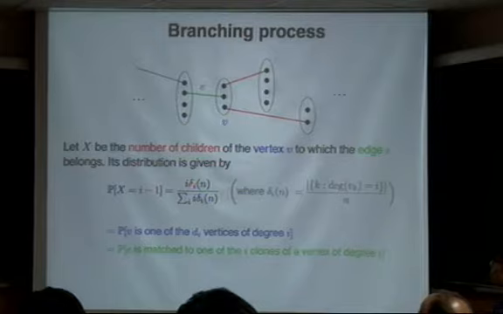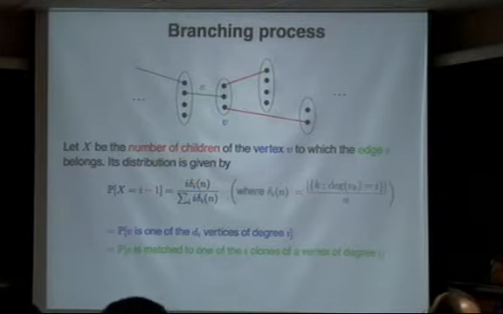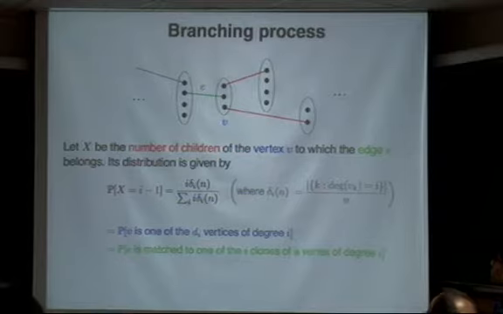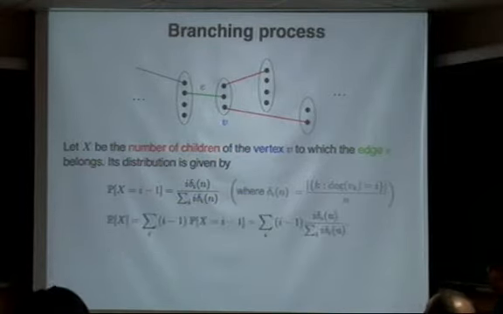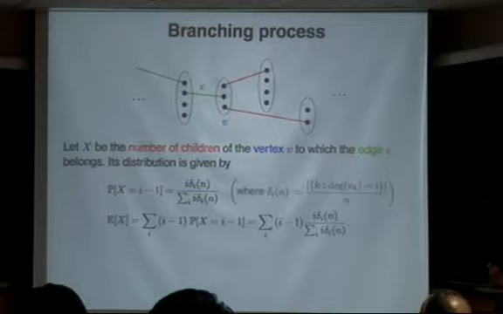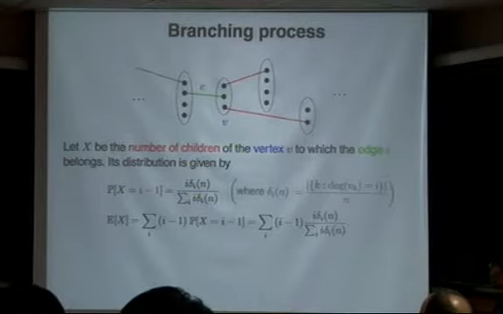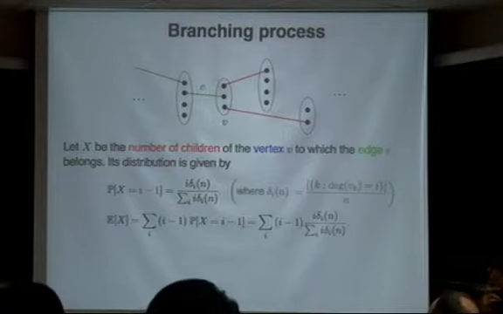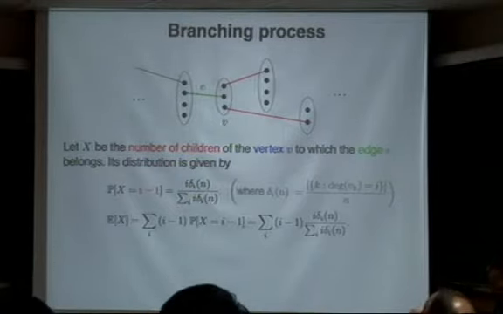Remember, delta_i is the proportion of the number of vertices of degree i. Having this probability, it is easy to see the expectation of X is nothing but this. So now we return to the branching process theory, where the criticality was determined by its expectation, whether it is bigger than 1 or smaller than 1.